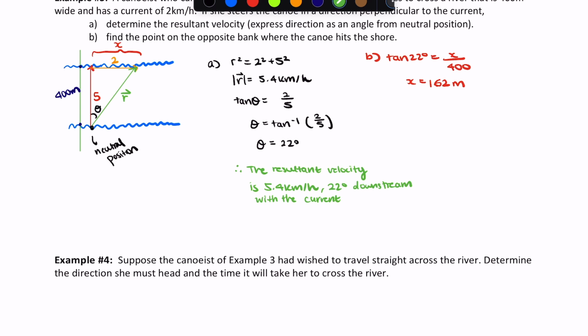And here we see that for part B, the point on the opposite bank where the canoe hits the shore, therefore the canoe hits the shore at 162 meters.